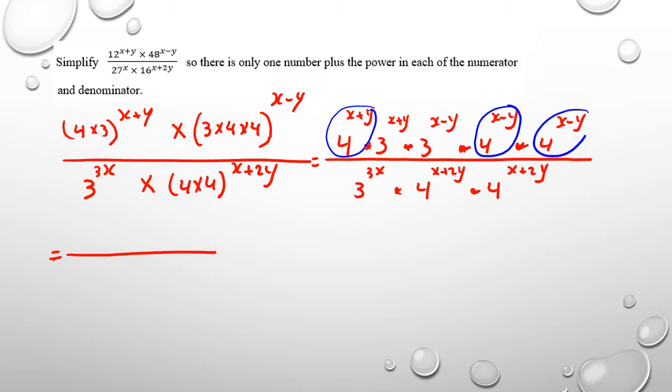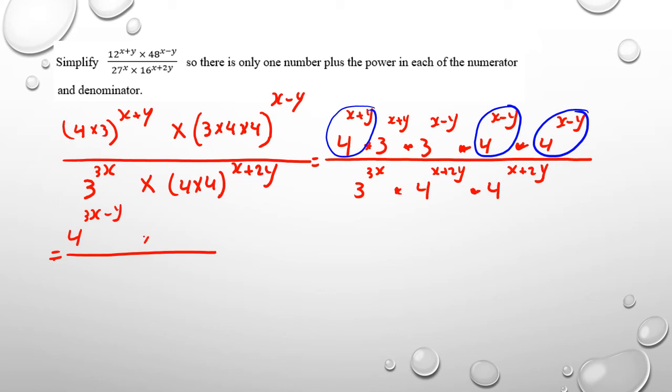When you multiply the same base, you add the powers. So x plus x plus x is 3x, so 4 to the power of 3x. Now y, I've got positive y minus y, that's 0, and then minus another y, so it's minus y here.